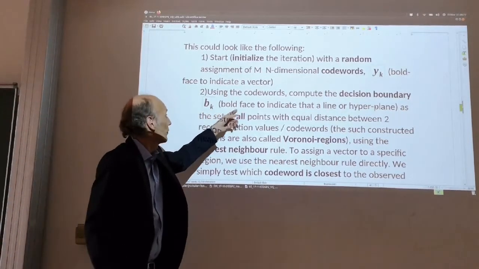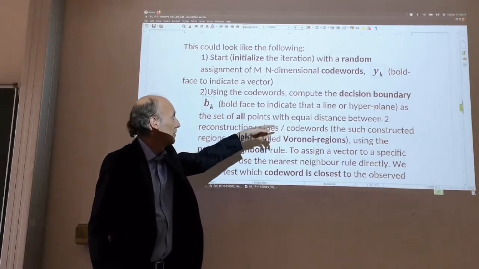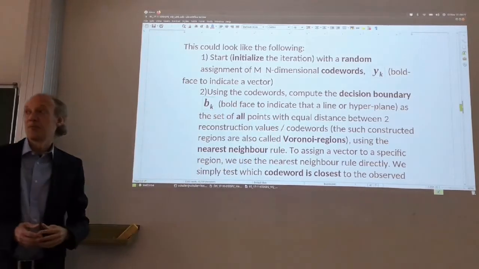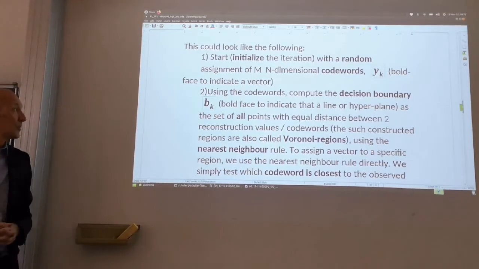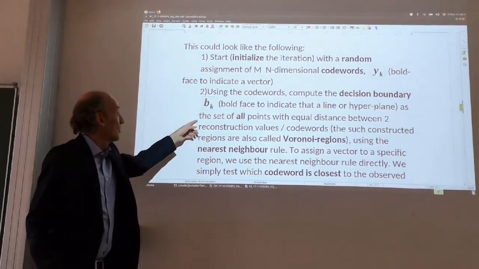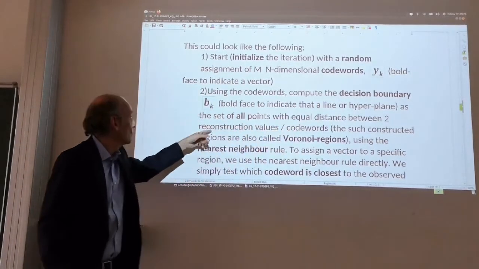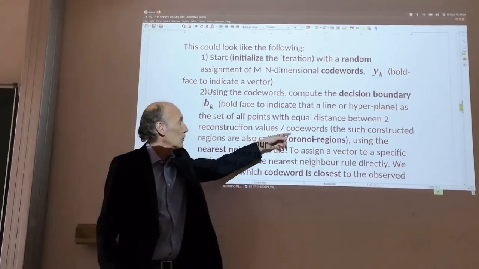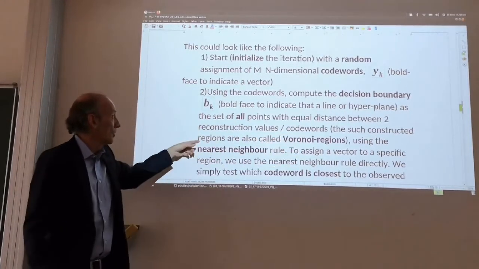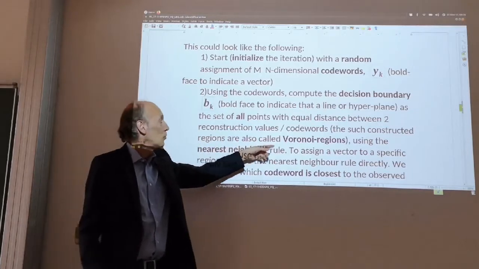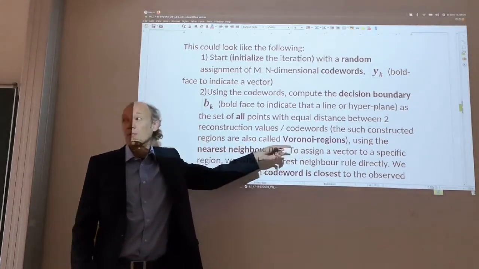Here the bold face indicates that it's a line or hyperplane. This is basically the set of all points with equal distance between two reconstruction values or code words. Such constructed regions are also called Voronoi regions.